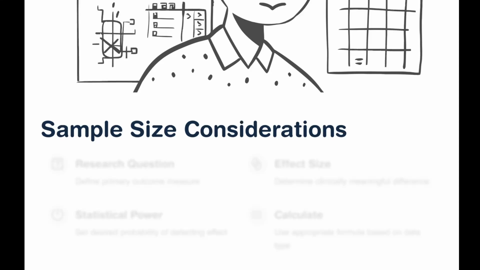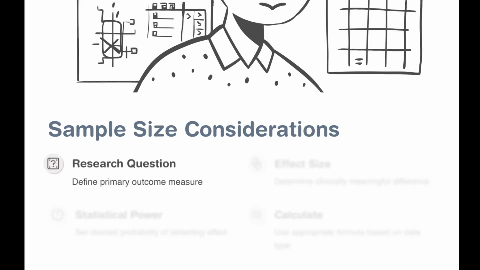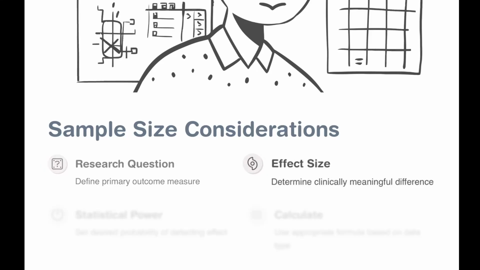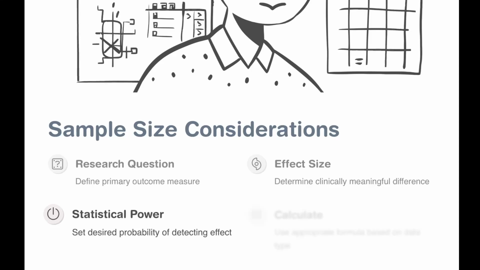When we consider sample size, it depends on the research question. So we have to define a primary outcome measure. Then based on this, we can determine our sample size. Also the effect size, to determine the clinically meaningful difference, is important for sample size. And also statistical power.